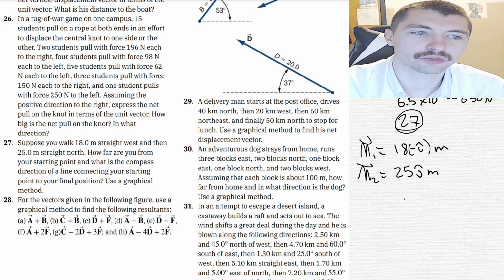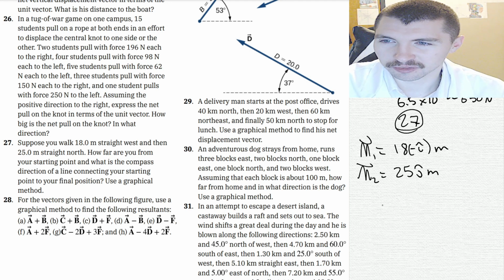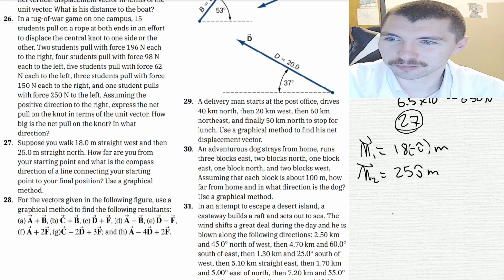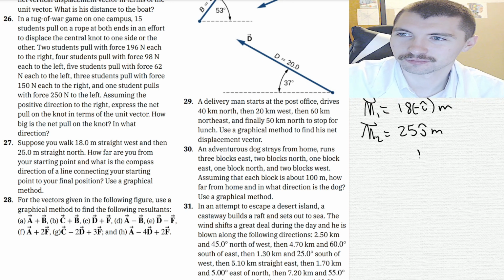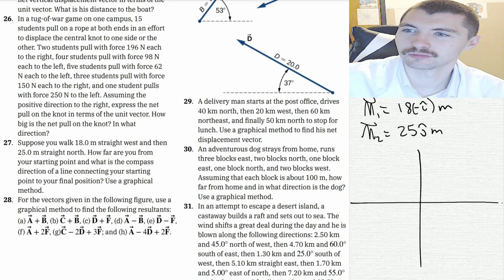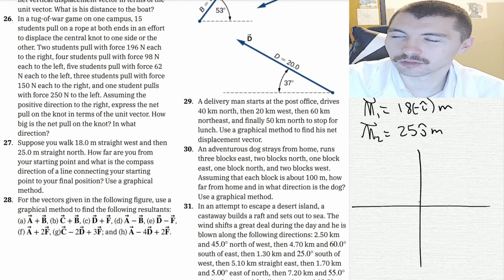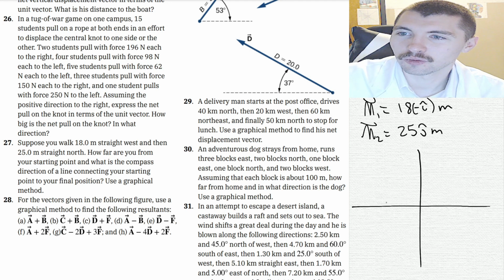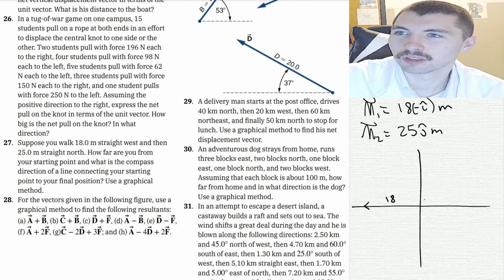Okay, how far are you from your starting point? All right, so this is going to take some brain power. So we have our XY. So 18 west, 25 J.